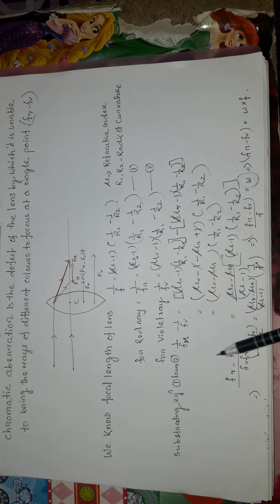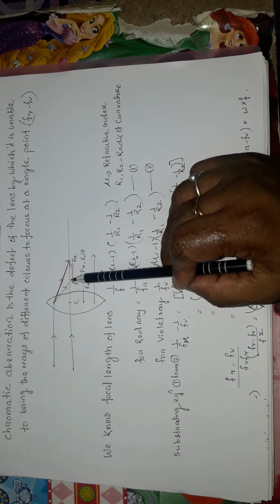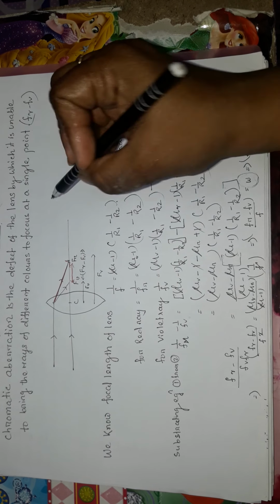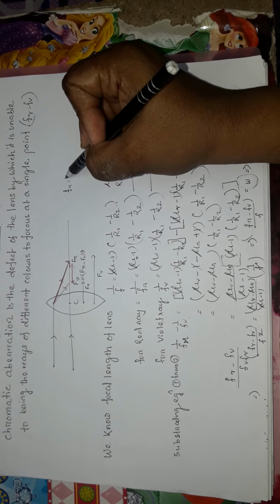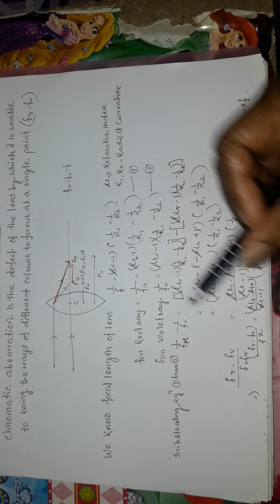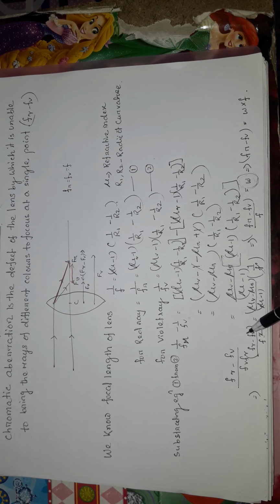On the left-hand side we take the common Fr Fv, and the denominator will be Fr minus Fv. Fv and Fr, these two focal lengths, are very close, so we can take Fr equal to Fv equal to F. So the denominator term will be F square, and the numerator term will be Fr minus Fv.